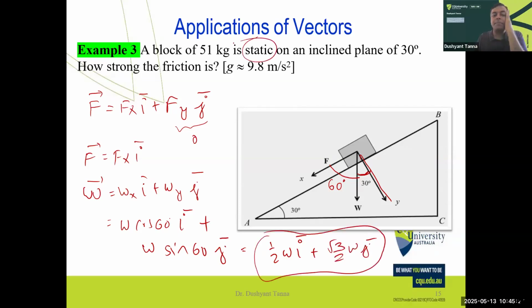Again, the object is static. Static means all the forces acting on the object or block or whatever should sum up to 0. Again, I'll explain it again, I'm assuming it may help someone. If you got a small bicycle, like a kid's bicycle, or just imagine some object you're trying to push and it's not moving. That means its own gravitational force, weight equal to mg, is greater than the force you are applying.